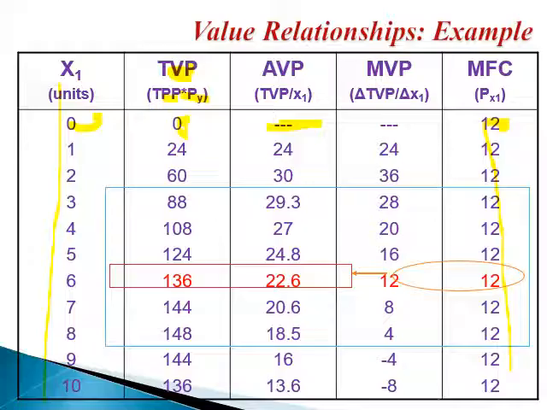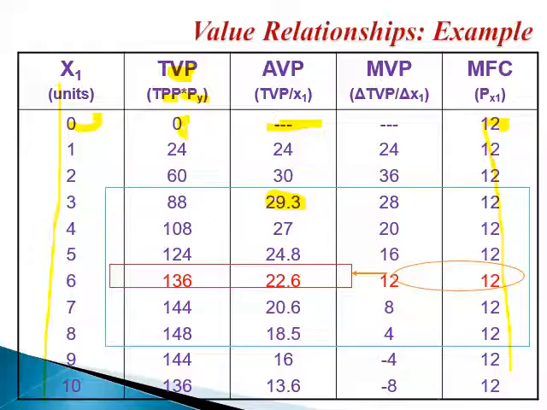And after that, you divide that total value product all the way by x1 and you get these numbers right here. So for example, this number, let us say, what is 29.3? I want to explain the meaning of that. It means that the single unit of the variable input contributes by 29.3 pounds of total revenue.